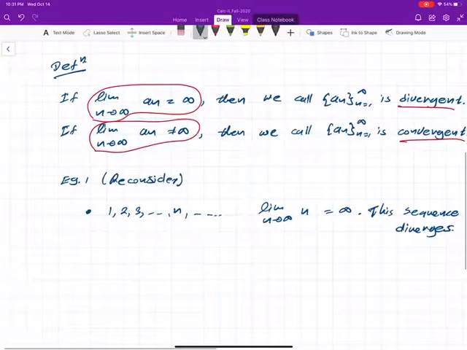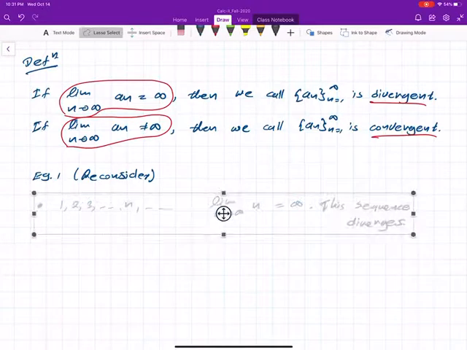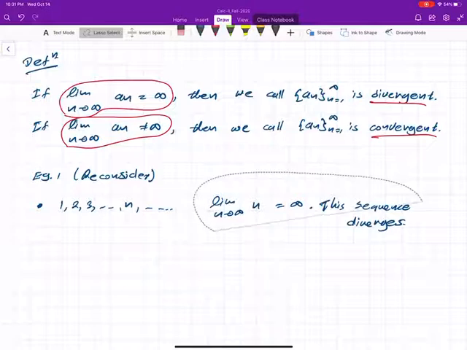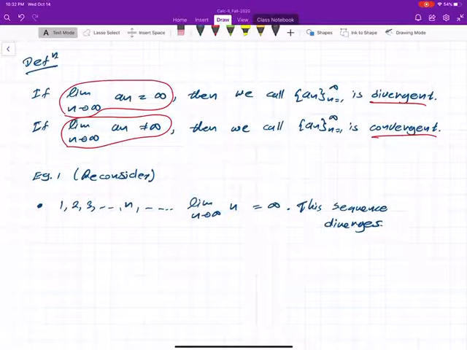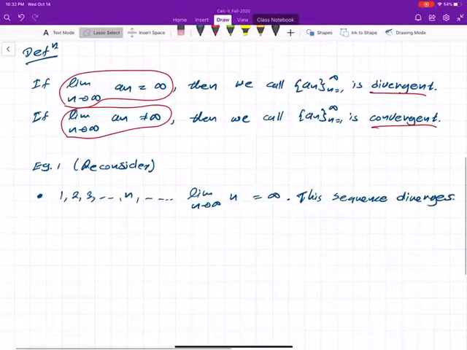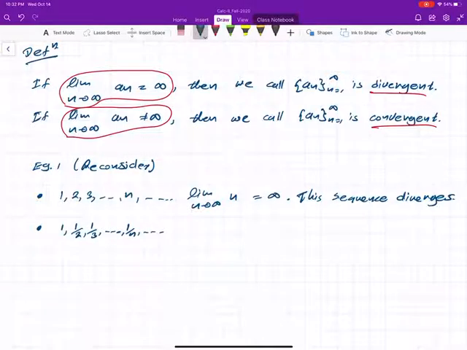Alright, in the next case, the next example, we have 1, 1/2, 1/3, ..., 1/n, ... Now take the limit of the sequence as n goes to infinity, which is 0.